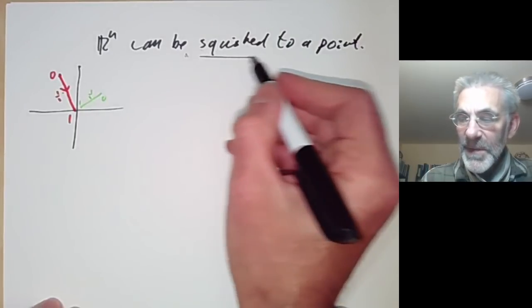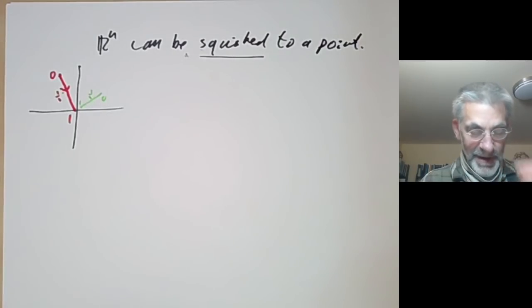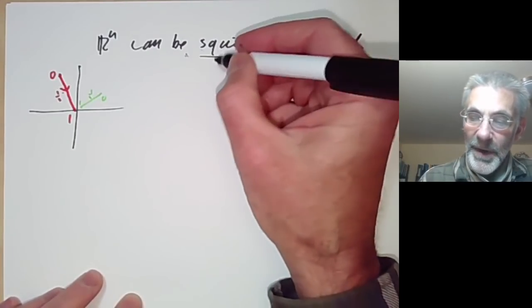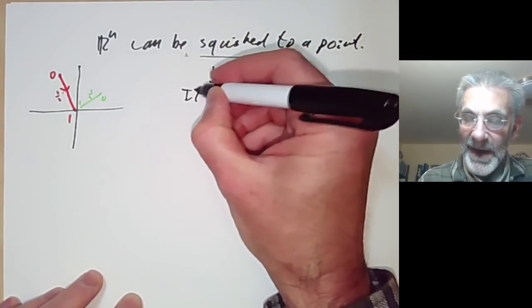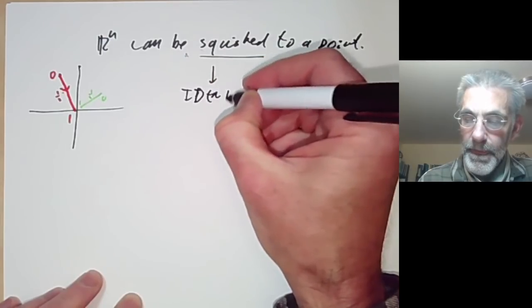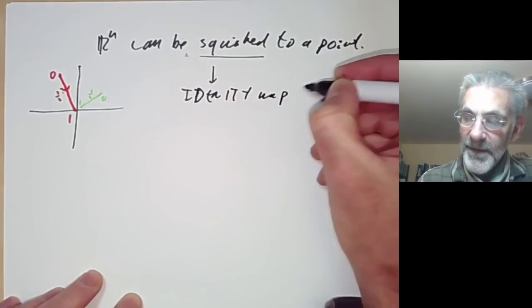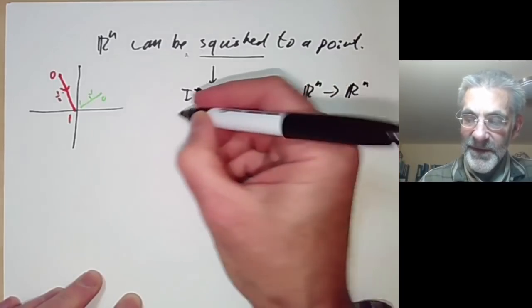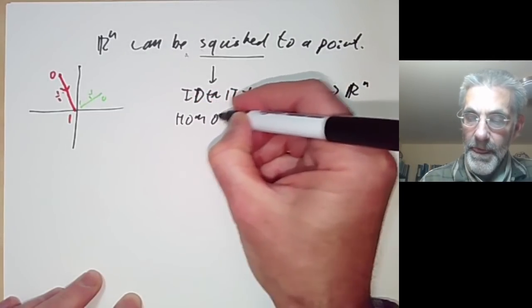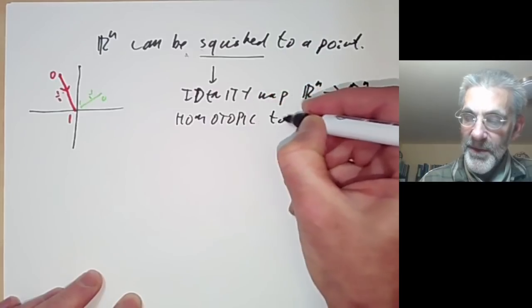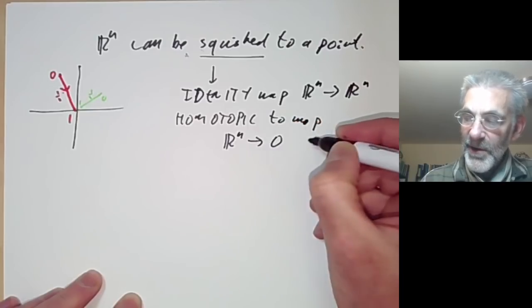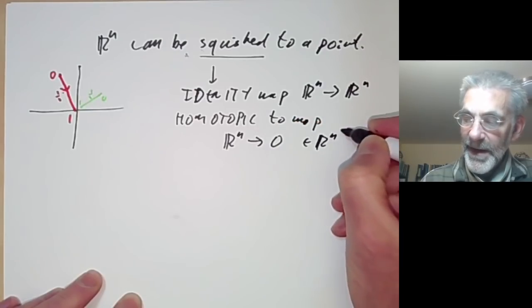Well, saying something can be squished is not actually a precise mathematical term, so I'd better explain what this means. What this means is the identity map from R^n to R^n that just takes every point to itself is homotopic to the map taking R^n to 0 in R^n.